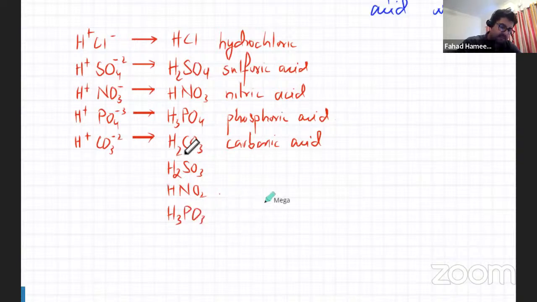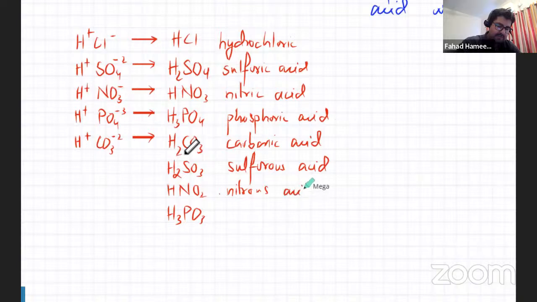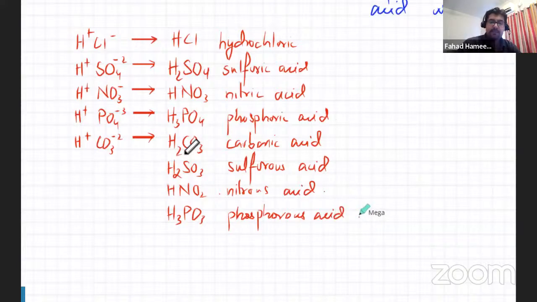So this one is sulfurous, this one is nitrous acid, and this one is phosphorus acid.